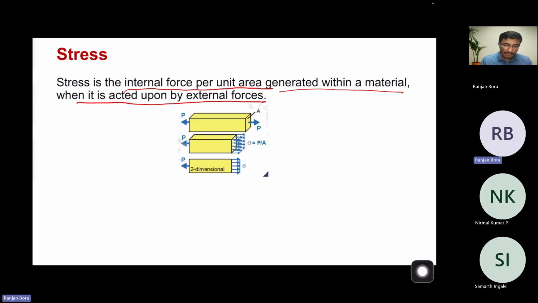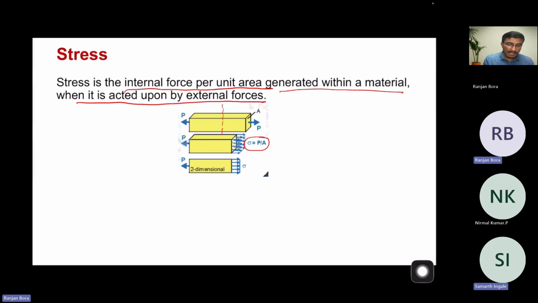So you can see this bar is getting pulled by the axial force P. If we take the section here, then because of the applied axial force P, there are some stresses produced inside the material, and the formula for stress is force divided by area. Area is the cross-sectional area.